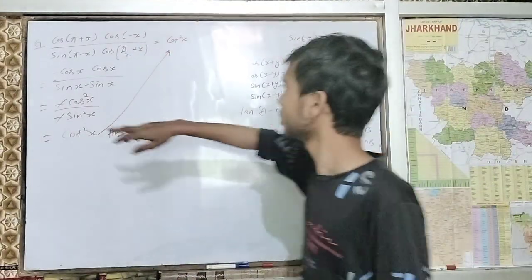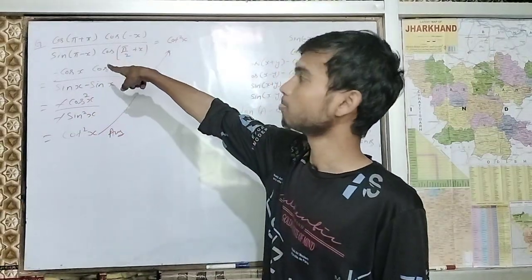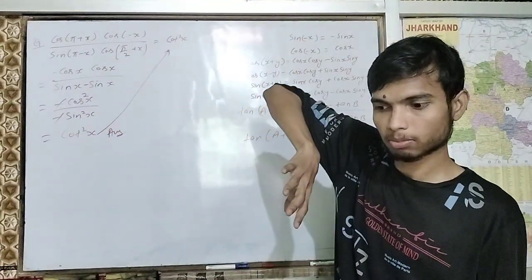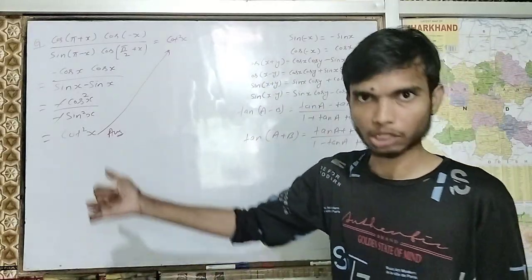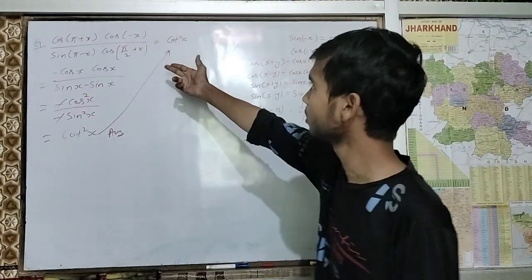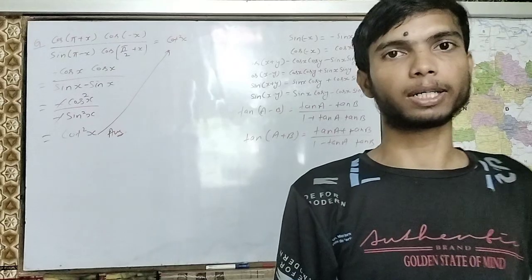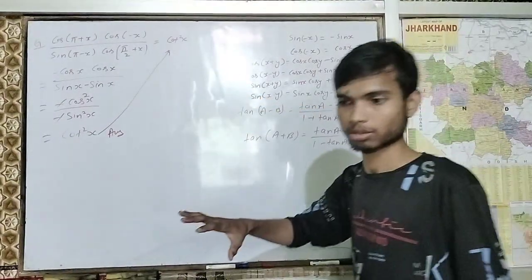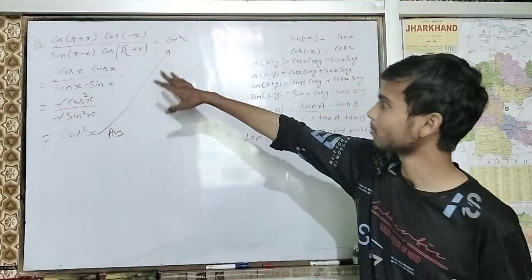Then in the denominator we saw pi minus, which means the second quadrant, and the trigonometric function is sine. That's why the operator will be positive. So sine is minus. Then here cos, here 90 plus x. It is going in the second quadrant, and here we have cos. So in the second quadrant, that's why negative.